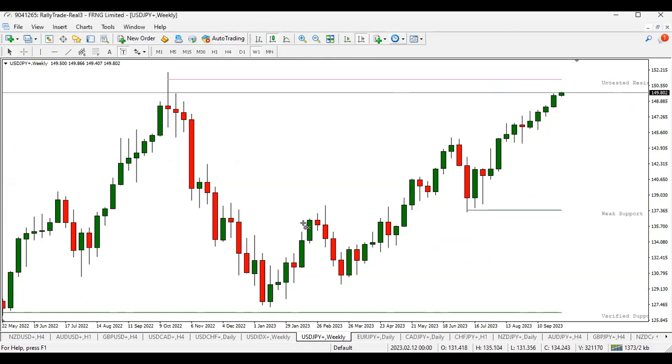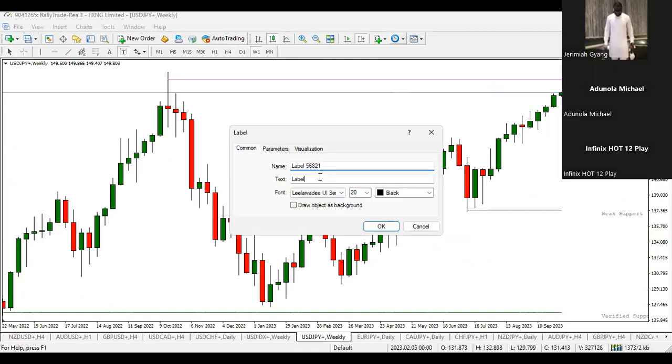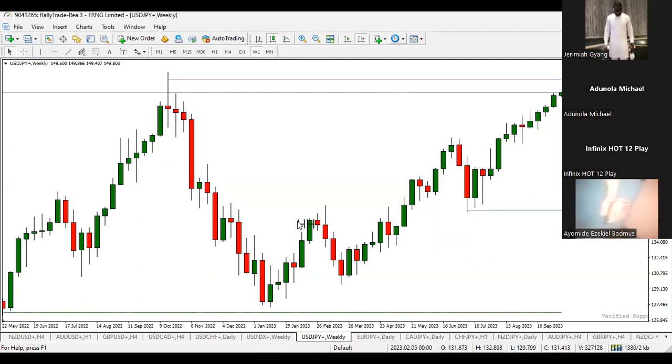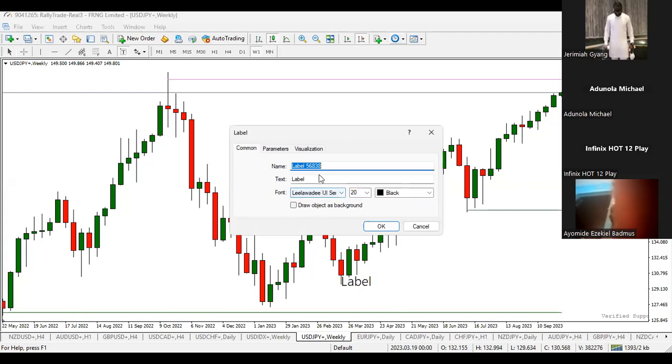So this part here is a higher high, HH. As we can see, that's a higher high. And then a higher low is what we are seeing here. These are higher lows here, higher low, HL.